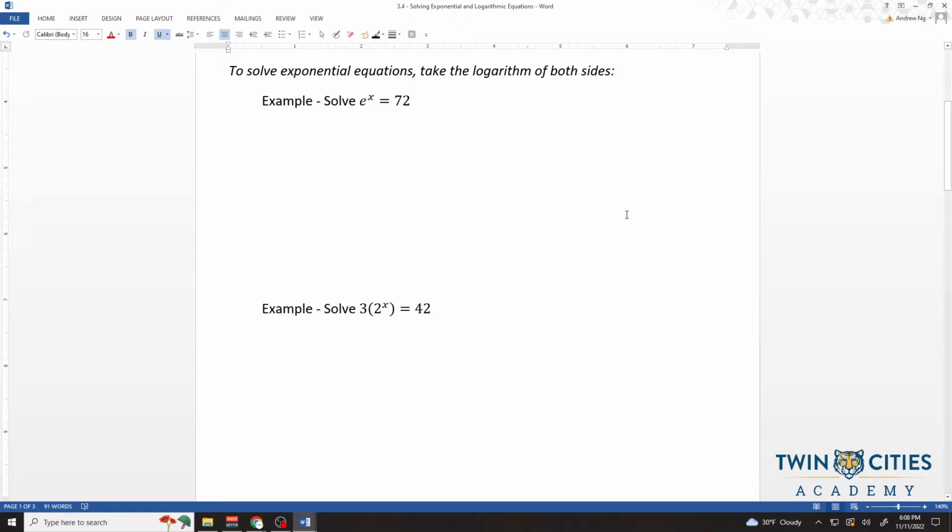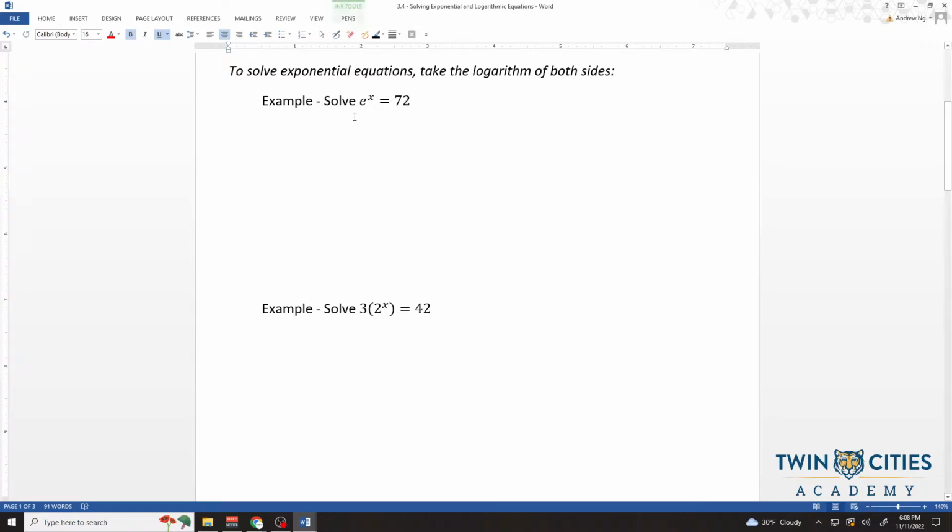And what I'm going to do is use some of the properties that we just talked about. I know that the base of this exponent is e. So if I take a logarithm base e of both sides, then I can undo this e that's happening here, leaving just an x.